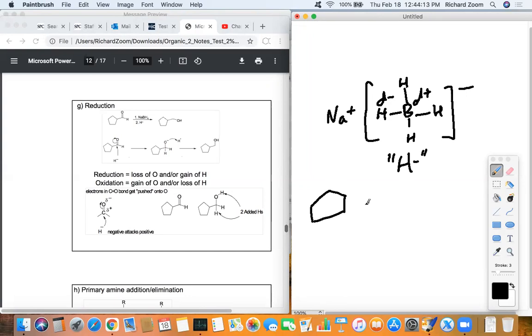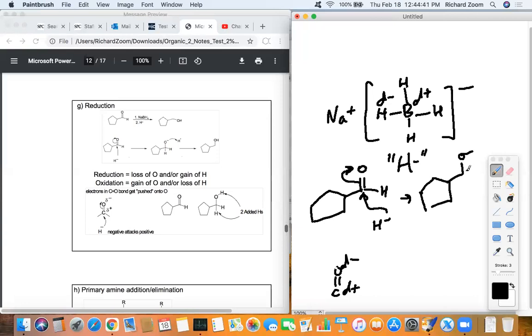So what happens is that, again, this C double bond O, we talked about this earlier with the Grignard reagent, can be expressed as being a delta minus on the O, delta plus on the C. And the H minus can come in, attack the C double bond O, and you'll see it's a very similar pattern to what we just dealt with the Grignard reagents. And there's your product there.